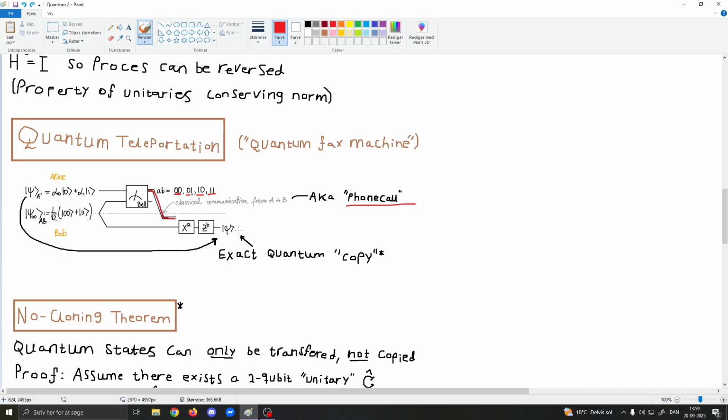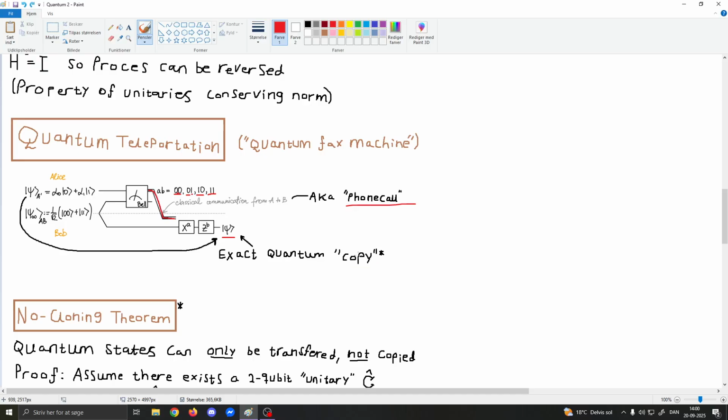Now, after this protocol, Bob's single qubit will be an exact copy of Alice's quantum system, but Alice will have lost her quantum system because she performed a destructive measurement on it. Again, in quantum physics, you can't actually copy a quantum state.